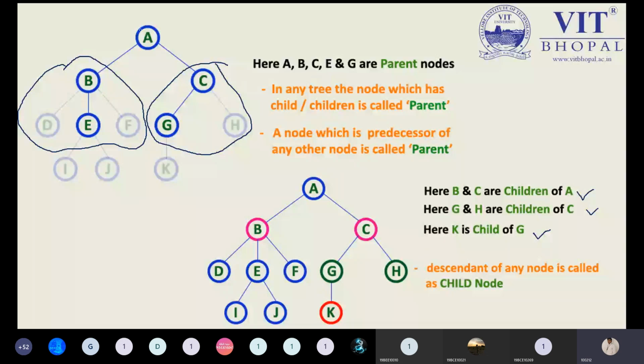So A has the two children B and C, and A is a root node here, so it is a parent node. G and H: which node is the parent node of G and H? It is easily determined that it's the C node. So this part you can understand from here.